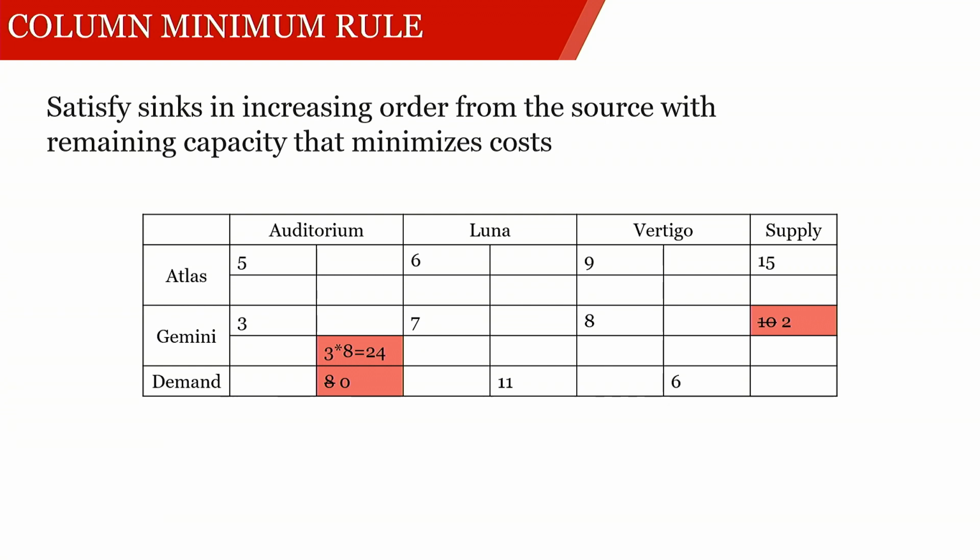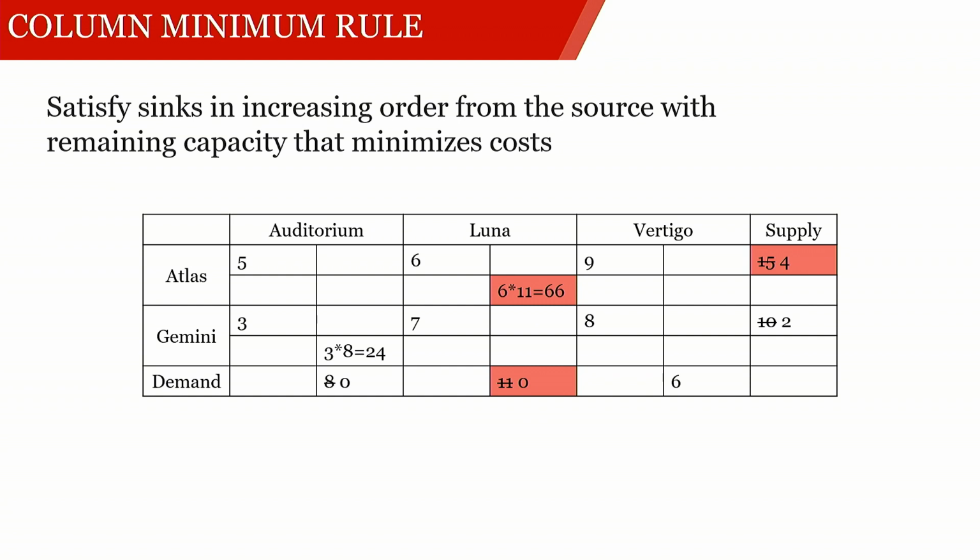Then, since all demand is satisfied, we move on to Luna, which is our second sink. And we check which one is cheaper. And here we see Atlas is cheaper than Gemini, so we satisfy as much as possible from Atlas, which in this case is the minimum of 11 and 15, which means we satisfy everything from Atlas.